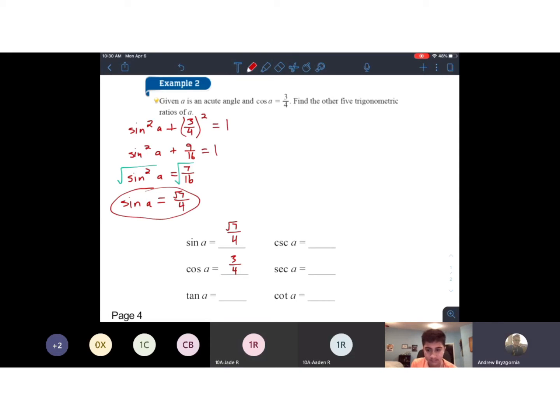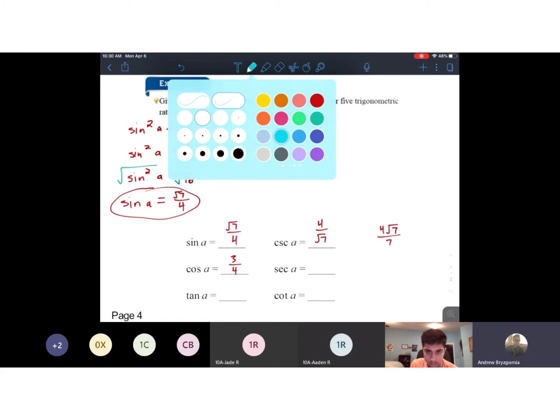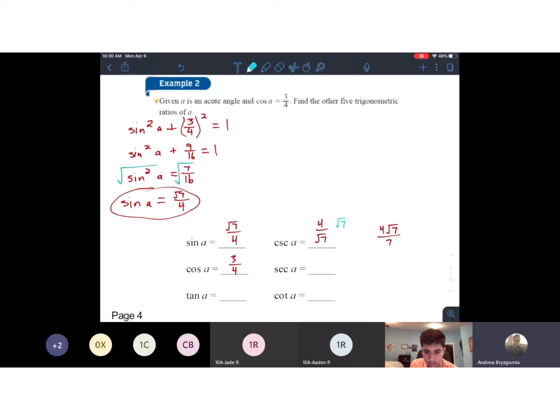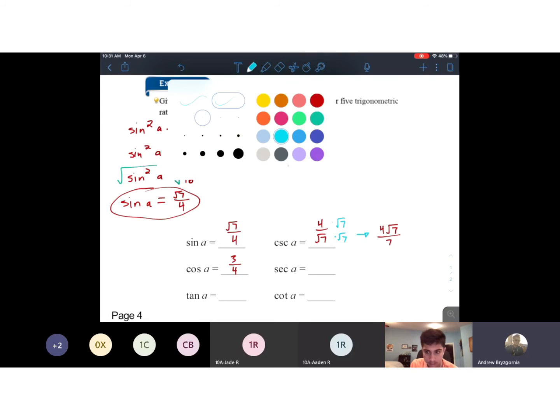You're just missing one thing. 4 root 7 over 7. There we go. Yep. Good. And then everybody, I'll put this off to the side because it was originally 4 over root 7, but then we have to multiply by the reciprocal. So that's how we get 4 root 7 over 7.